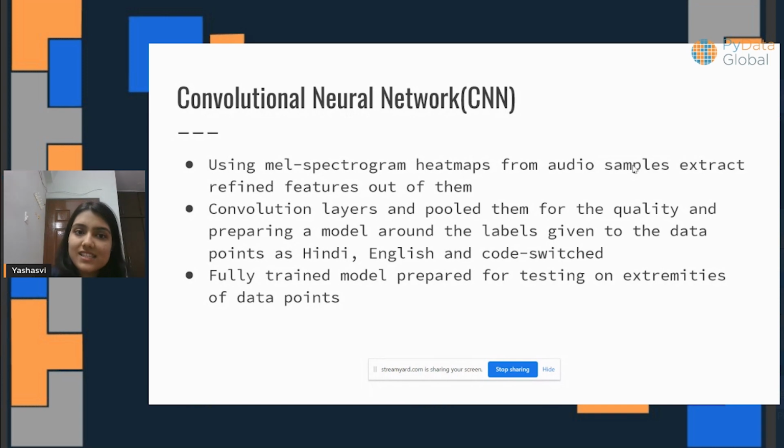So, since this was not giving the result that we expected, we went up to the MEL spectrogram. Now, what is MEL spectrogram? This is a very common thing that humans tend to hear lower frequencies, like 100 hertz, 200 hertz, and we tend to identify the difference between them.